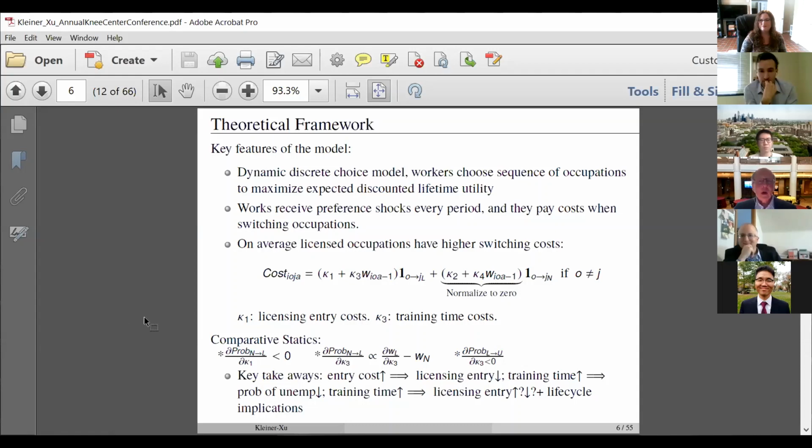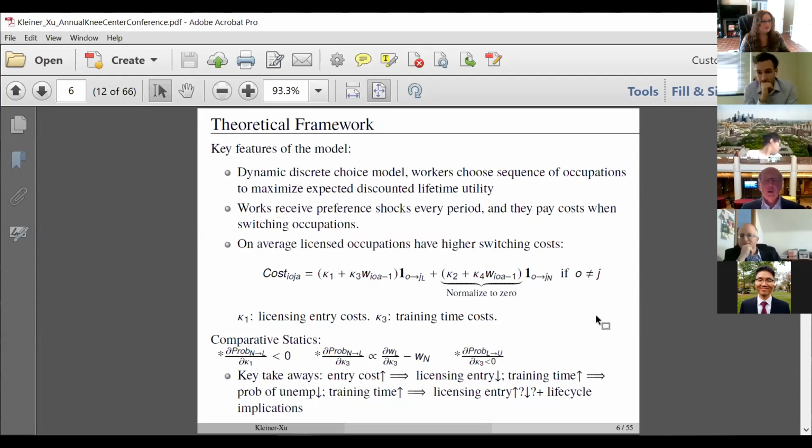And we also specify the model in terms of the costs. The costs of licensing are entry costs, that is, costs in terms of paying an entry fee. There are also training costs. So we take into account the cost of entry, paying fees, taking tests, and as well look at the costs in terms of training to enter a new occupation.